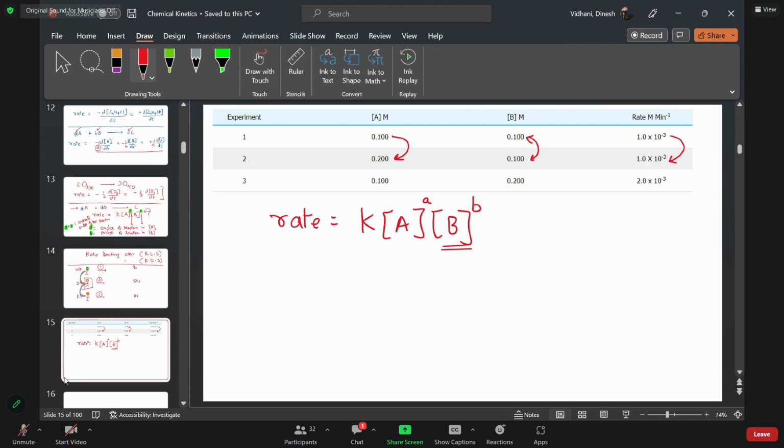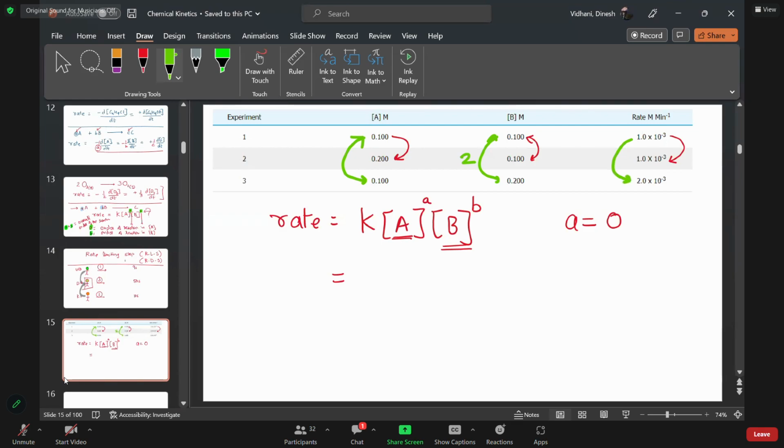Very good. So if there is no change by increasing or decreasing the concentration of A, that means the order of reaction in A is 0. That means it is not affecting my reaction. Let's see what happens with B. Now, in the second experiment, I'm keeping the concentration of A constant, but now I'm doubling the concentration of B. I'm increasing by 2 times.